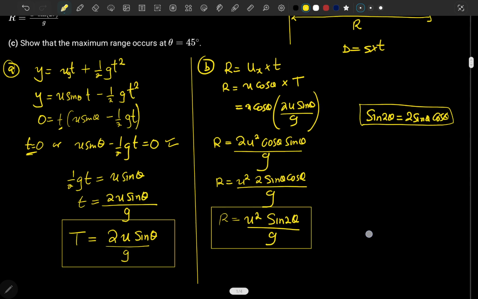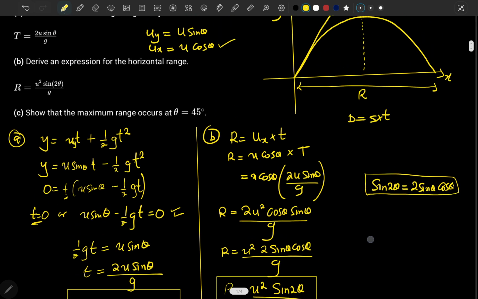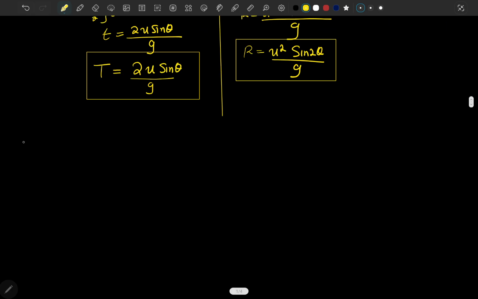Done. But the next part which we are going to look at is C. Show that the maximum range occurs at theta equal to 45 degrees. So how do I show that the maximum range occurs at 45 degrees? Well, here's what you need to do.